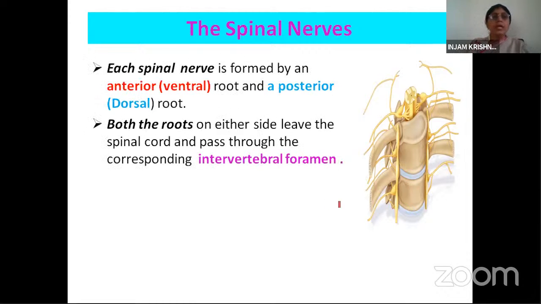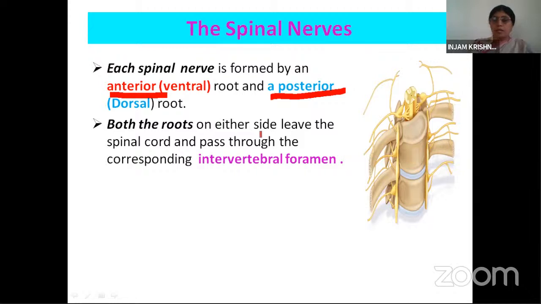Yes. Each spinal nerve is formed by an anterior root and a posterior, dorsal root. A posterior and anterior, ventral, dorsal. Already I have shown the image.